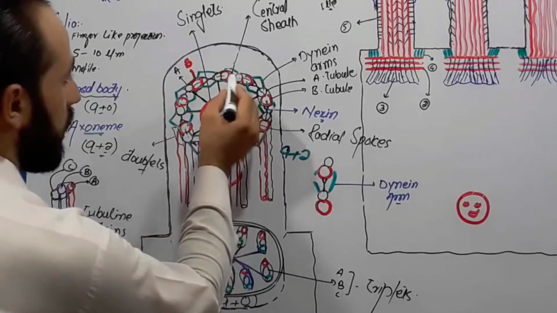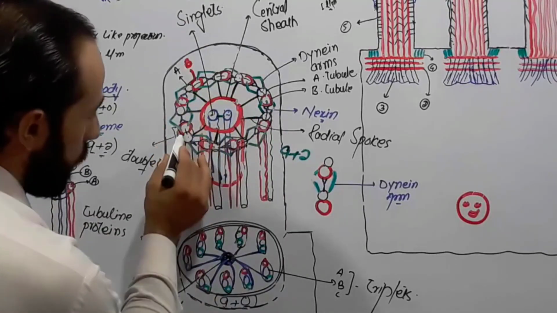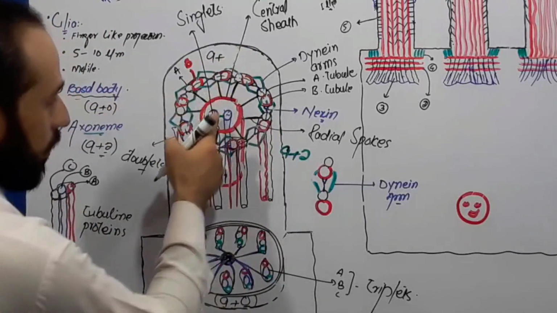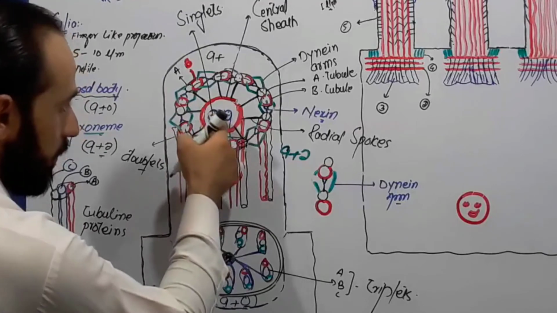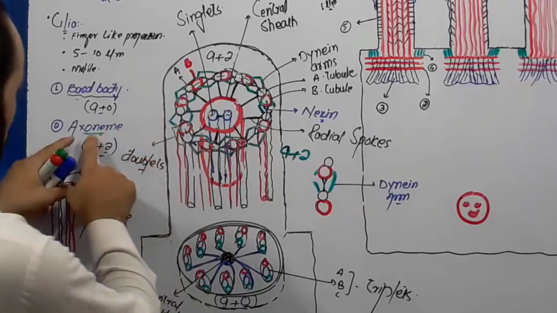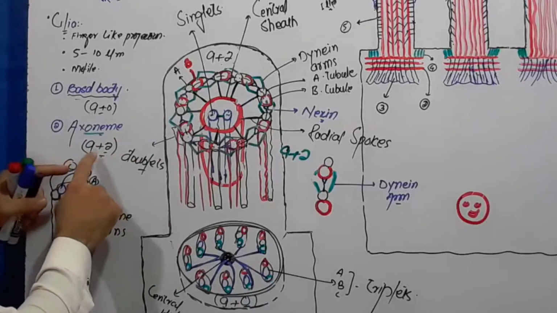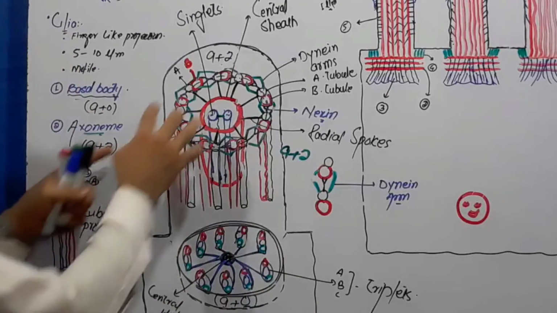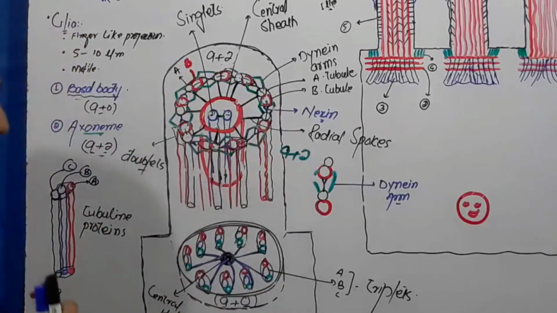And how many doublets? There are 1, 2, 3, 4, 5, 6, 7, 8, 9. So 9 plus how many singlets in the center? There are 2. So 9 plus 2 for the axoneme, which I told you, and 9 plus 0 arrangement for the basal body.